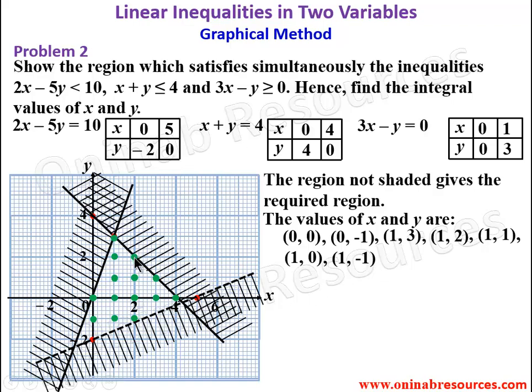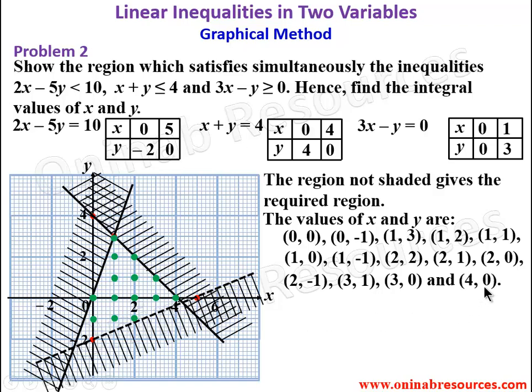Along this line, we have the point 2, 2. This is 2, 1, and 2, 0, 2, -1. Here this point is 3, 1. This is 3, 0. And finally, this point here is what? 4, 0. And that is the end of the solution to problem 2.